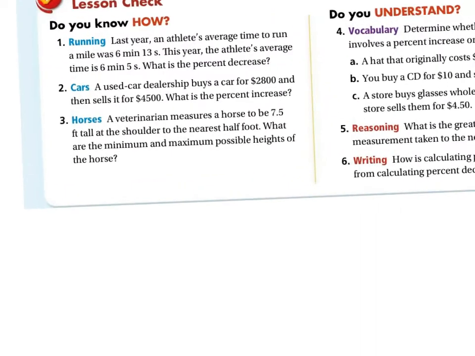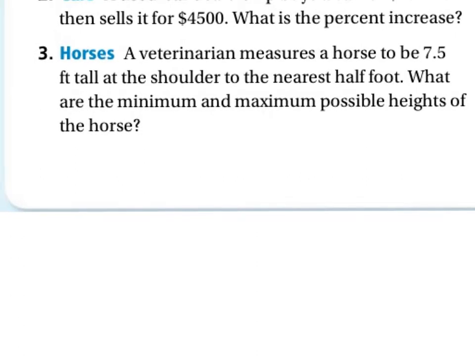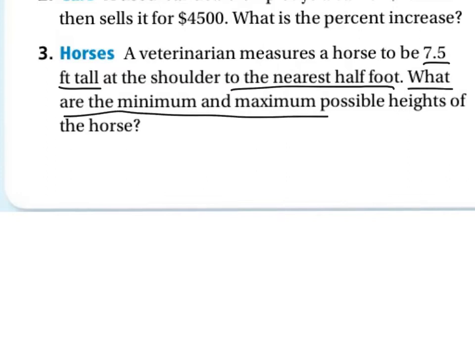So if we look at the lesson check number 3, a veterinarian measures a horse to be 7.5 feet tall at the shoulder to the nearest half foot. What are the minimum and maximum possible heights of the horse?